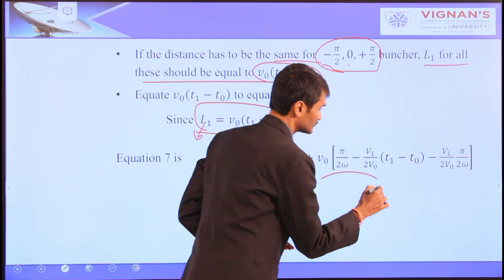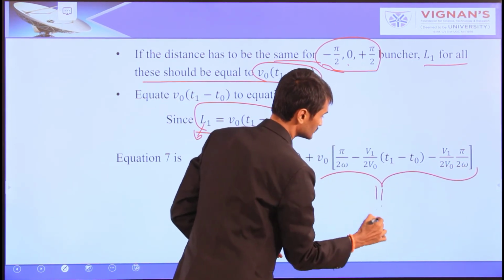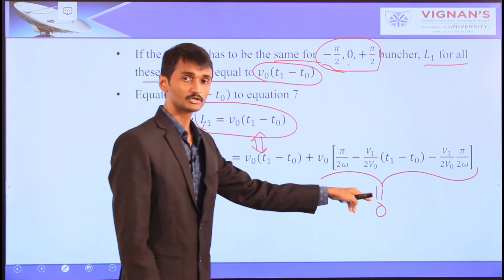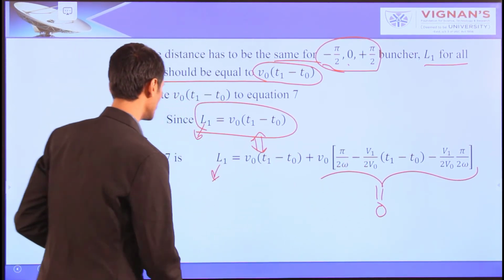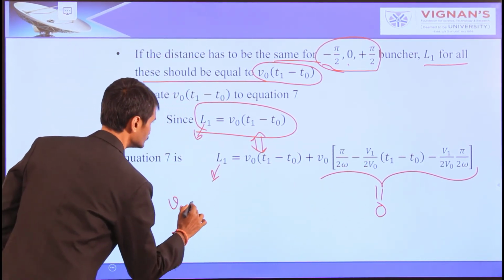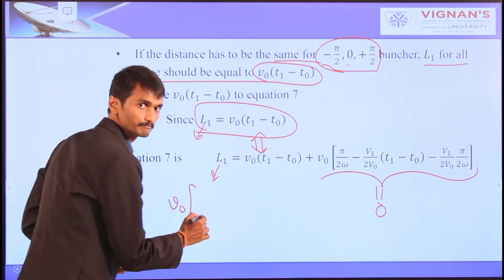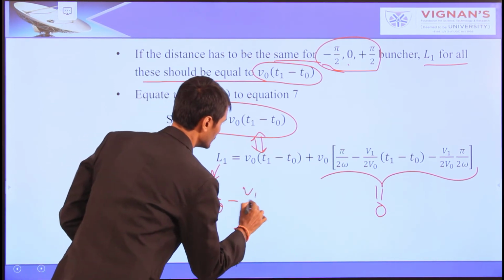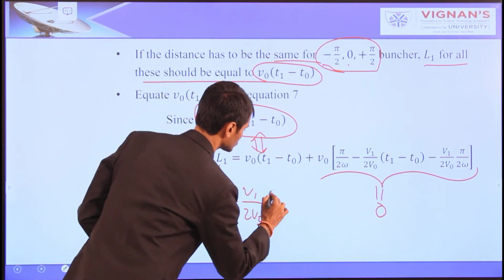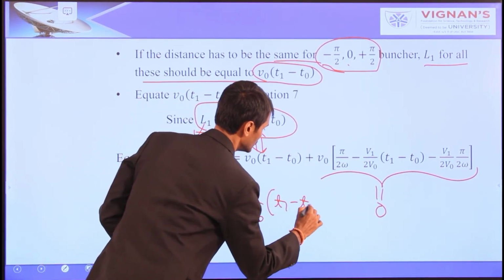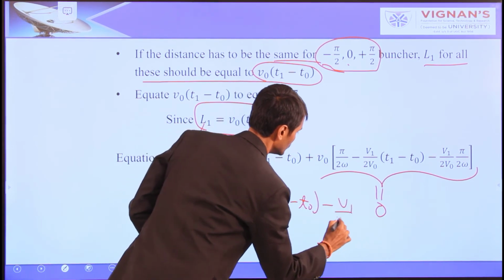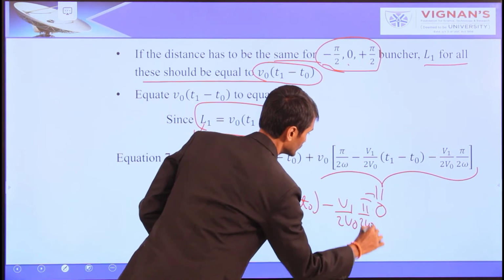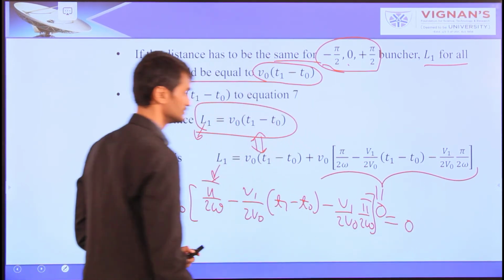If these two are equal, this should be equal to 0. Now I am equating this one: V0 pi by 2 omega minus V1 by 2 V0 into (T1 minus T0) minus V1 by 2 V0 into pi by 2 omega equals 0.